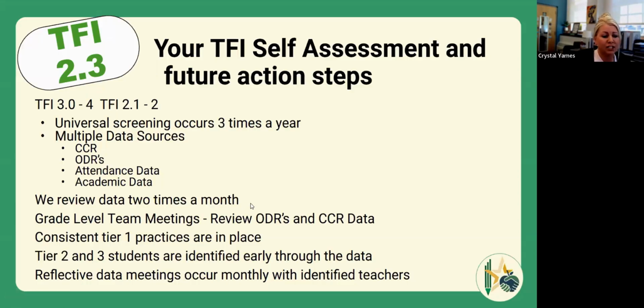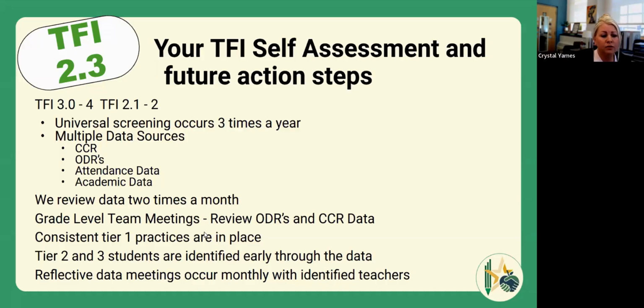Also having consistent tier 1 practices. CCR, the system, is huge within our tier 1 practices. We have done a lot of work with making sure that we have those consistencies with how teachers are working with students and what they're putting in place at that tier 1 level. And then identifying students at the tier 2 and tier 3 level through this data.